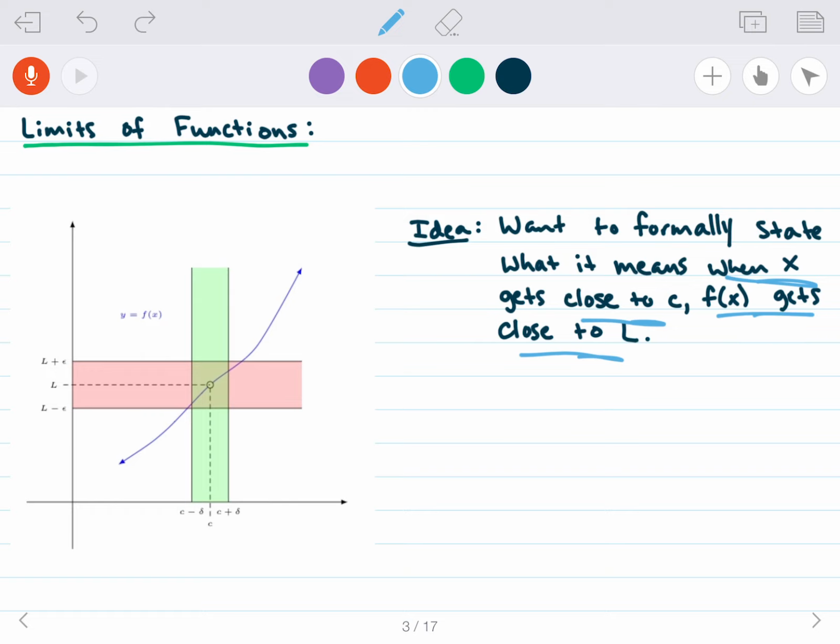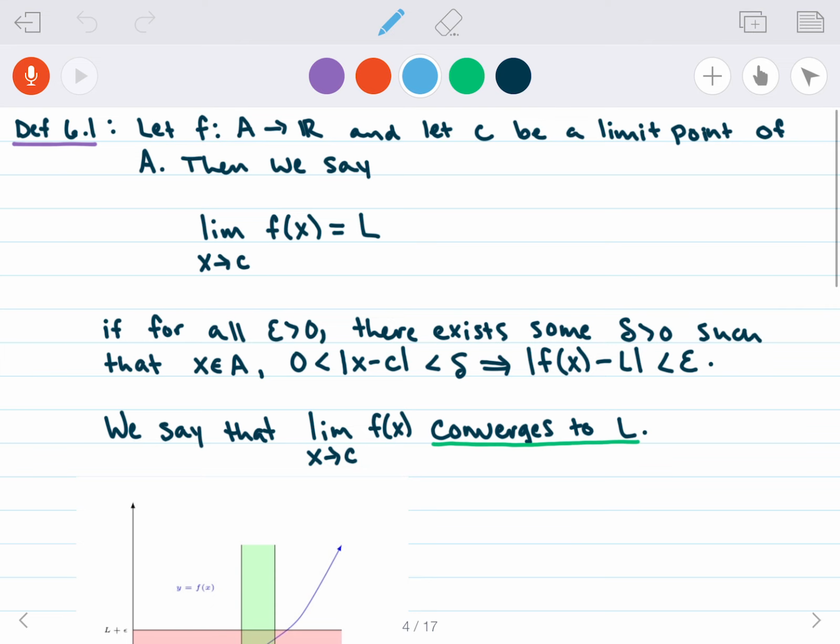And so, one way of looking at that in the picture is if your x is in this delta neighborhood of c, well, that implies that f of x is going to be in this epsilon neighborhood of L.